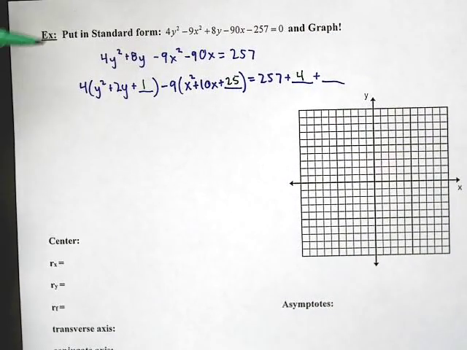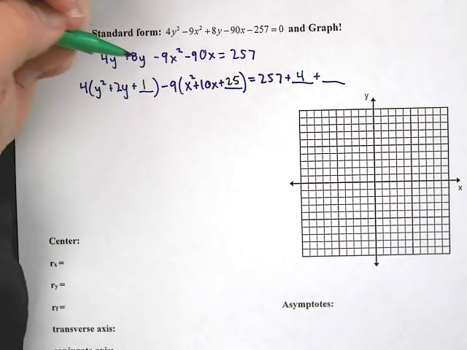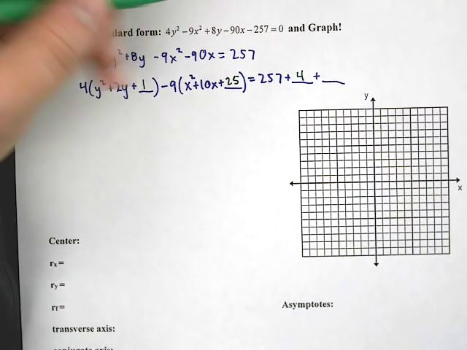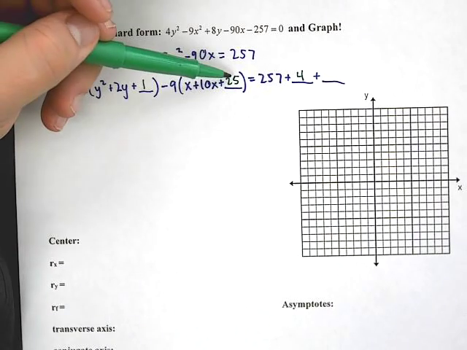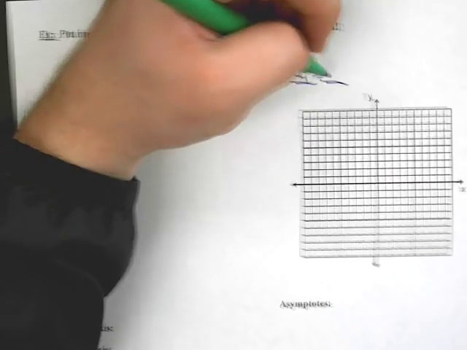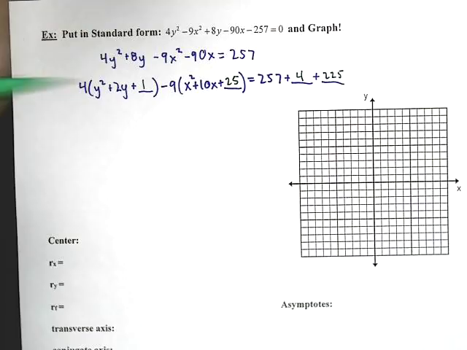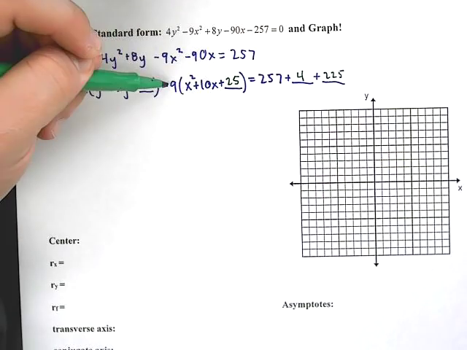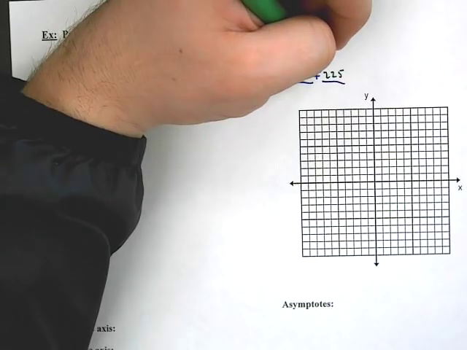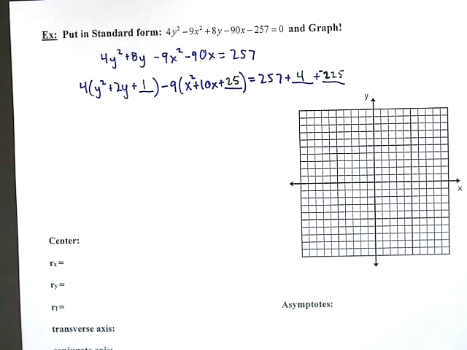25 times 9. Again, I know it's not easy, but if you think about this as money, I think it makes it a little easier. Like, this is just 9 quarters. That's $2.25, or 225. Oh, what did I mess up? It's not a positive 9, it's a negative 9. So negative 225.